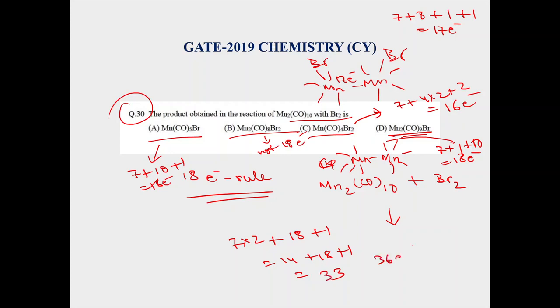This is not a 36 electron complex. If both manganese have 18 electrons, then it should be a 36 electron complex, but that is not the case. So among the given options, only option A is the product which has 18 electrons. So option A will be the correct option.